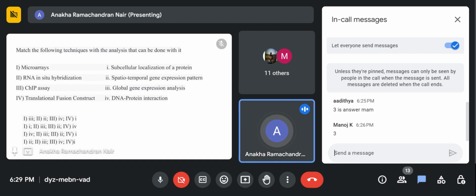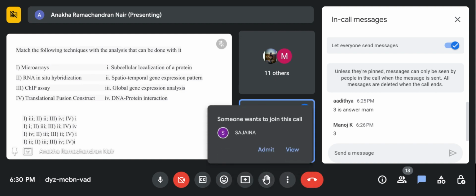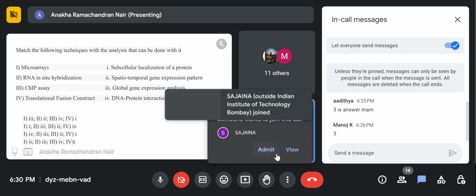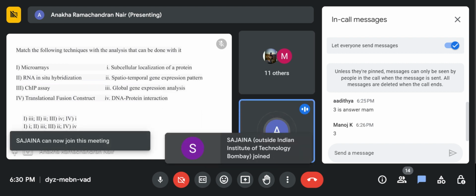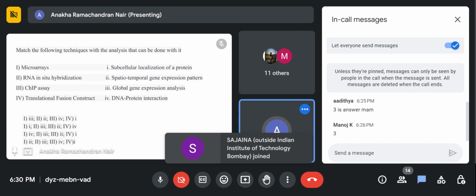So the question is, you have to match the following techniques with the analysis that can be done with them. In the first column you have microarrays, RNA in situ hybridization, ChIP assay, and translational fusion construct. And in the other column you have subcellular localization of a protein, spatio-temporal gene expression pattern, global gene expression analysis, and DNA protein interaction.